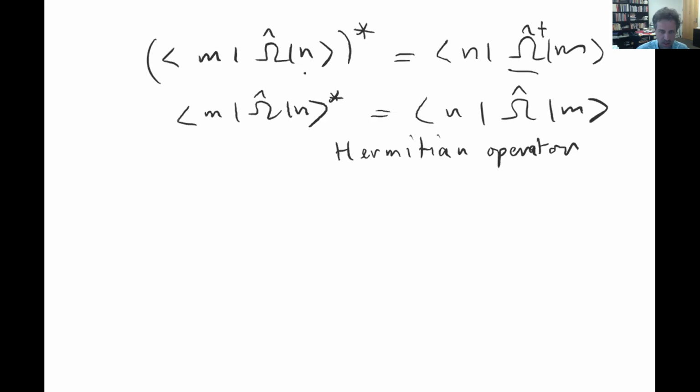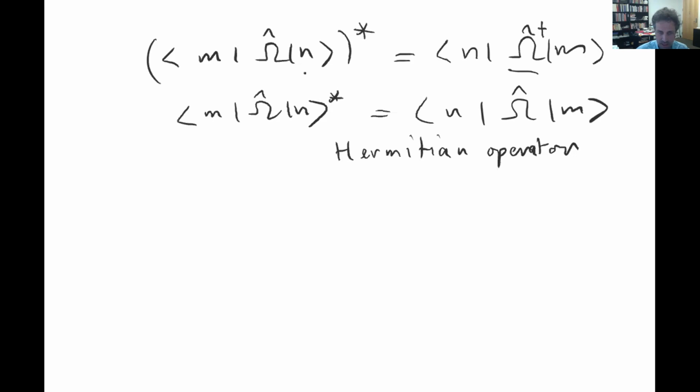Hermitian operators produce real eigenvalues, not complex ones, and these eigenvalues typically correspond to real observables. Okay, that's why it's important.